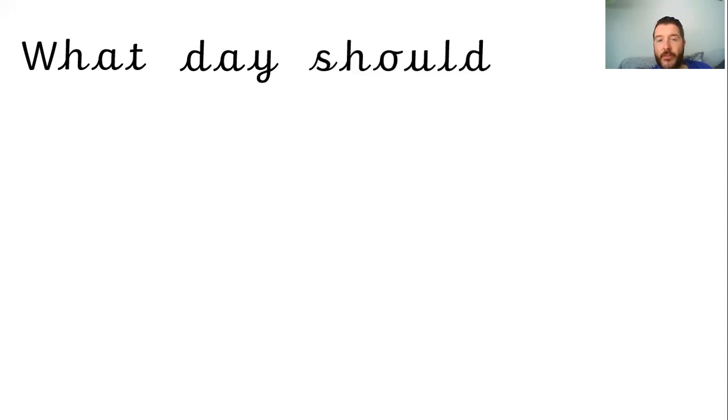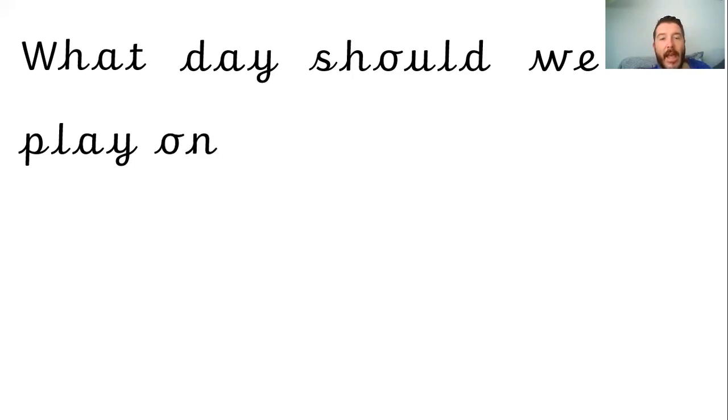Next one, should, S-H-O-U-L-D, O-U, lucky duck. Next word, we, W-E. Next word, play, P-L-A-Y. Again, that A is at the end of that word, isn't it? On, O-N. The, T-H-E.